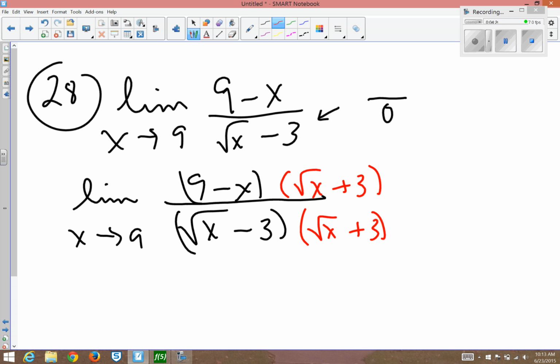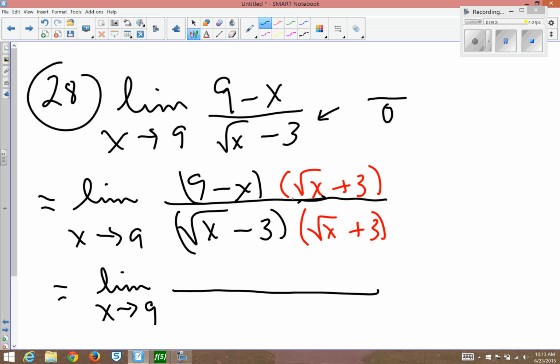If we multiply the numerator and the denominator of a fraction by the same thing, then we can say these are equal. And in the denominator, radical x minus 3 times radical x plus 3, we multiply those by FOIL, we get x minus 9.